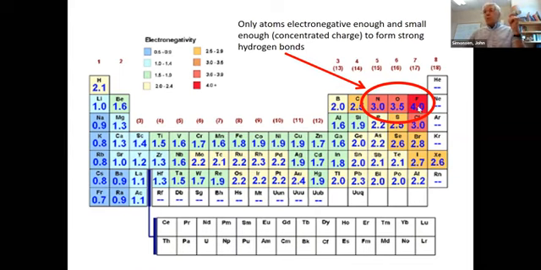And we don't worry about fluorine. It's too strong. It's kind of a special case. It acts weird. Its behavior is weird, right? Everything else below this row is too big to give you a good hydrogen bond, and everything to the left is too weak. So nitrogen and oxygen.